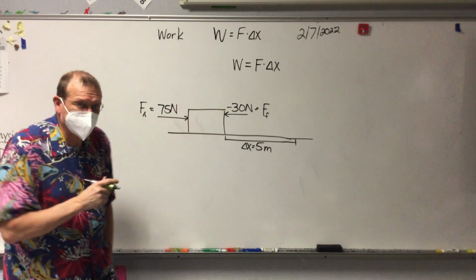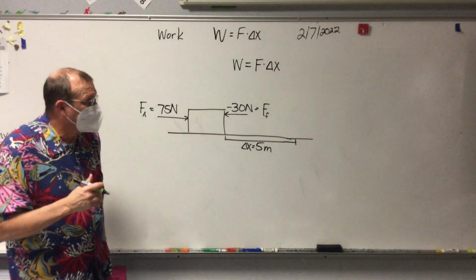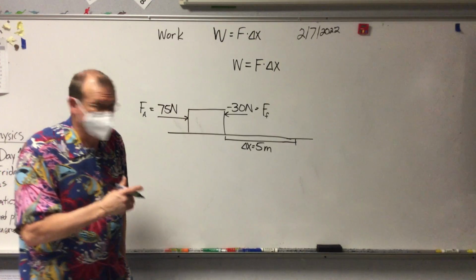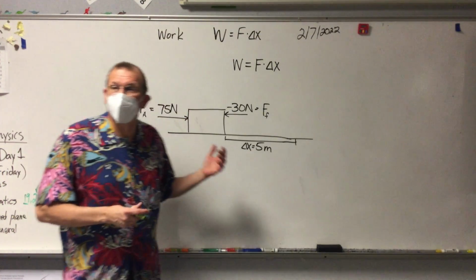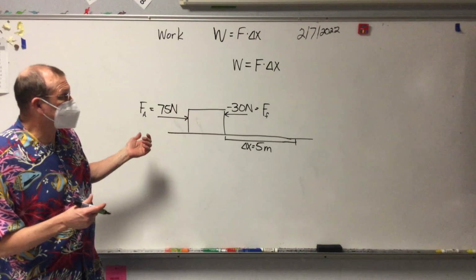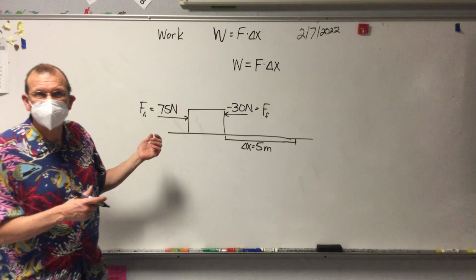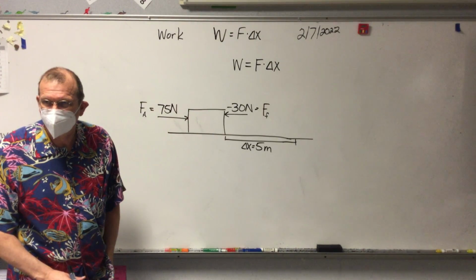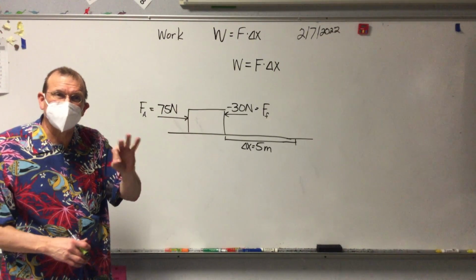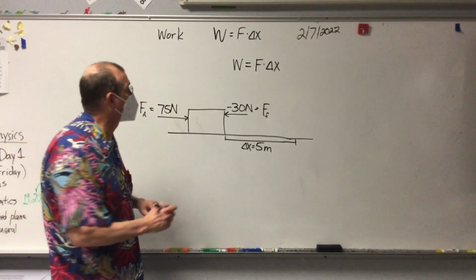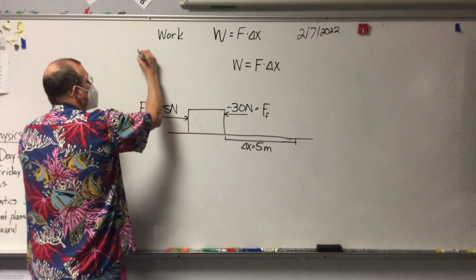So here is where things can get a little picky. Because when I say, how much work is done, the answer to that question depends on which thing in this scenario you are focused on. And there are actually 3 different works we can talk about.